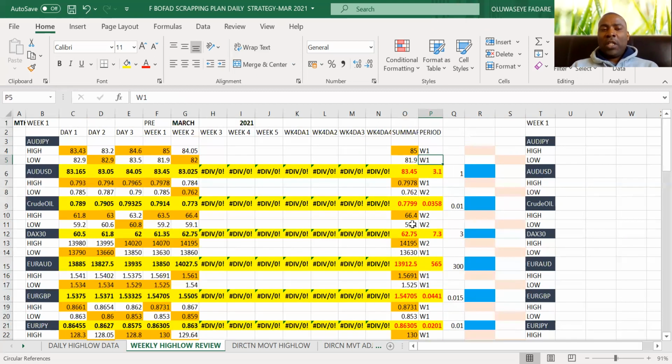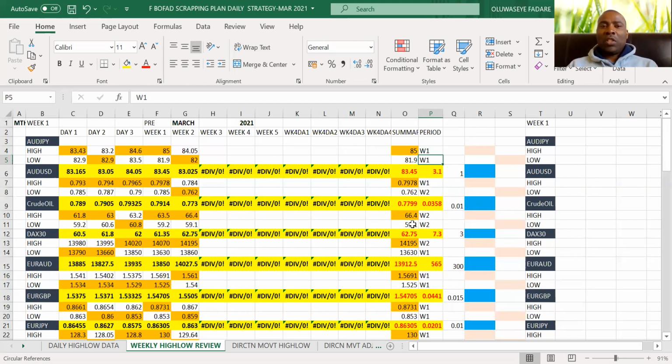If we feel it is the low that is going to change for the rest of the month, then we are going to sell. So identifying what position and what action to take will help us to quickly take our actions for the rest of the month, and we will be able to get the results.